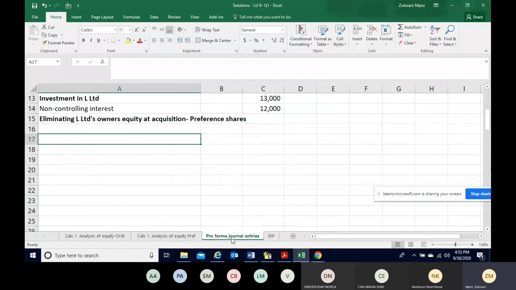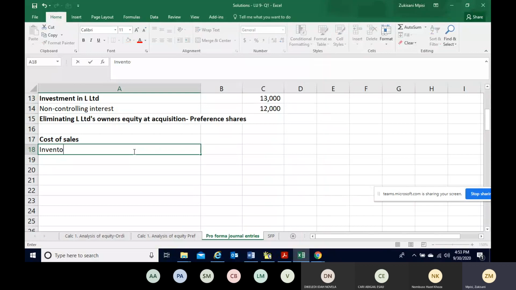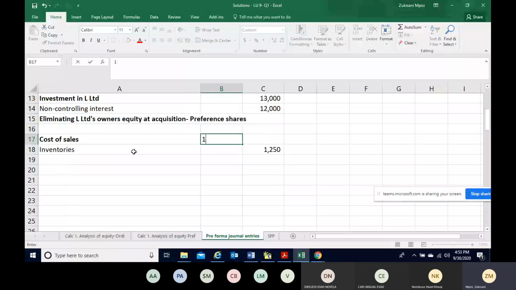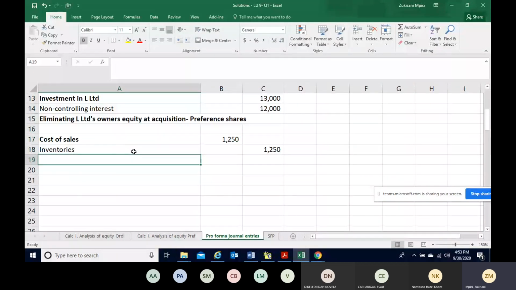So on the pro forma journal entries, we have to have cost of sales, and we have to reduce the cost of inventories by 1,250 and increase the cost of sales by 1,250. And this is elimination of unrealized profit within the group. This is on closing inventory, if you still remember.